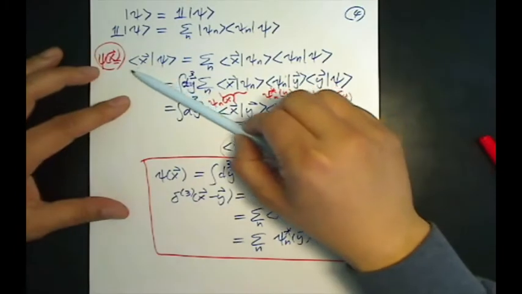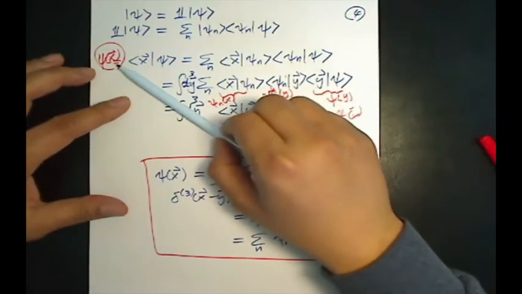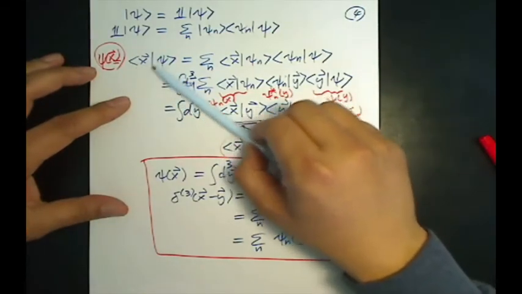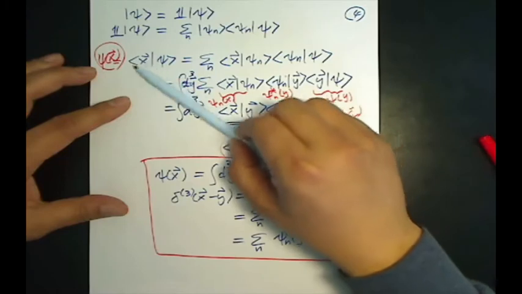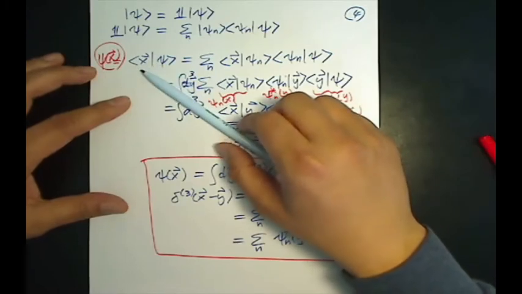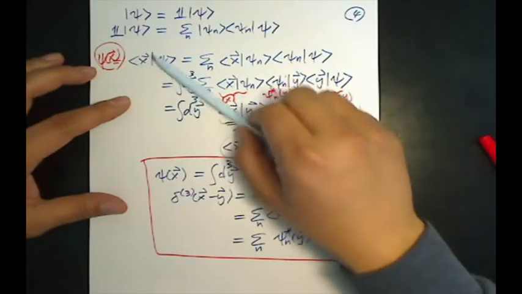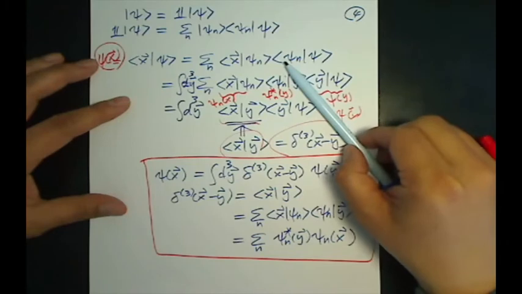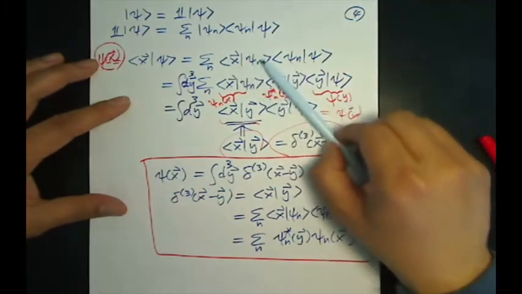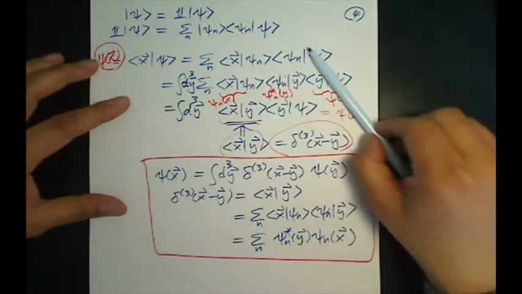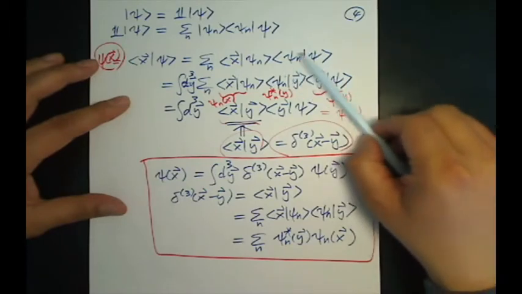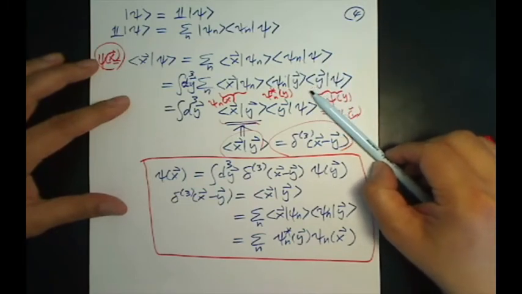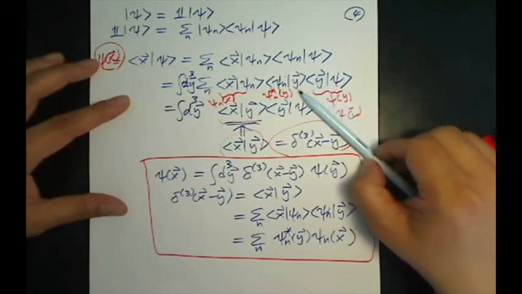Then the function psi of x can be projected out by sandwiching with the position bra. This identity operator is placed in here, and this is the projection onto psi_n of the wave function. We insert the identity operator in here.